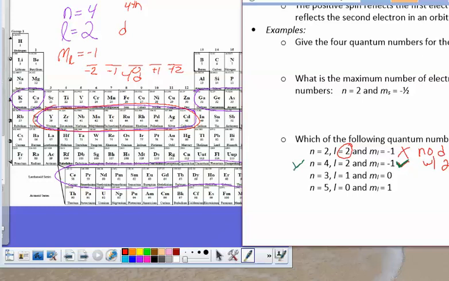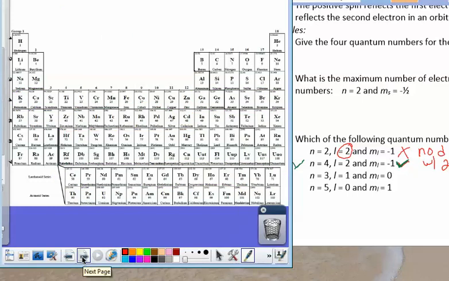Next one, we have n is equal to 3. So that's the 3rd energy level. So I have here the 3S, the 3P, and the 3D. All of those are possible. My L is equal to 1, which is indicating it's the P sublevel.